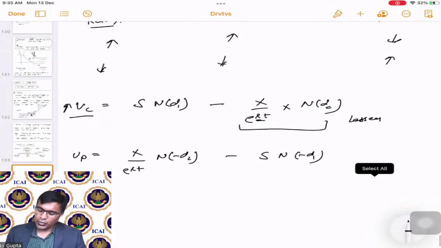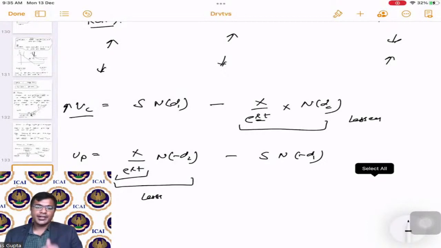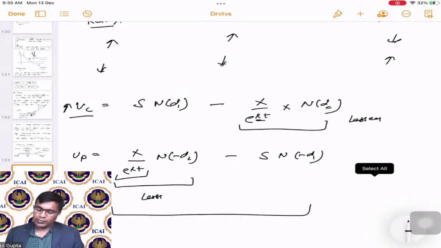Similarly, in case of a put option, a higher rate of interest will mean that this first part of the equation will be lesser. If it is lesser, that means the entire value of put will also be lesser, correct?